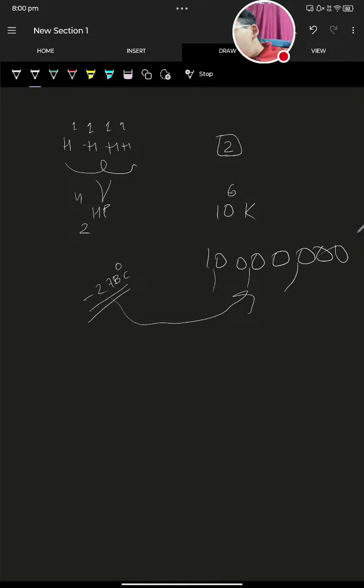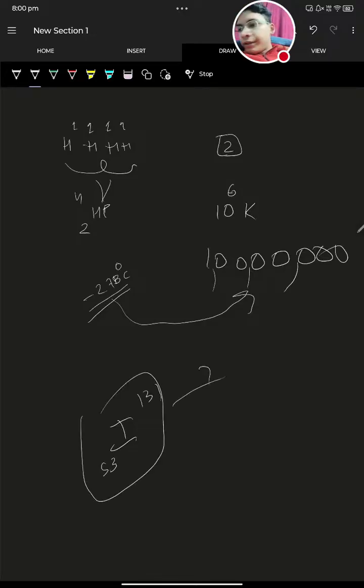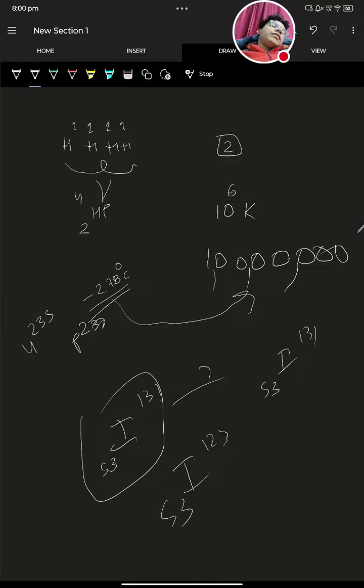Then there is radioactive, like iodine 53 of 131. This one helps in goiter. And iodine of 123 of 53, 131 and 123, and uranium 235 and plutonium 238.